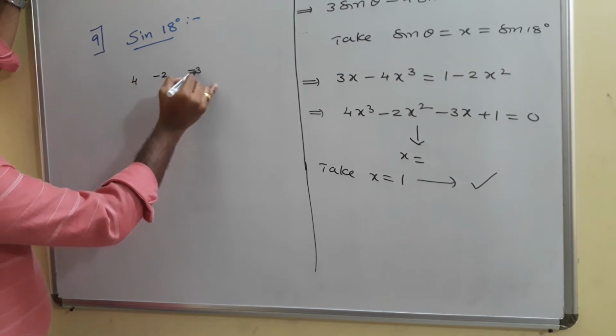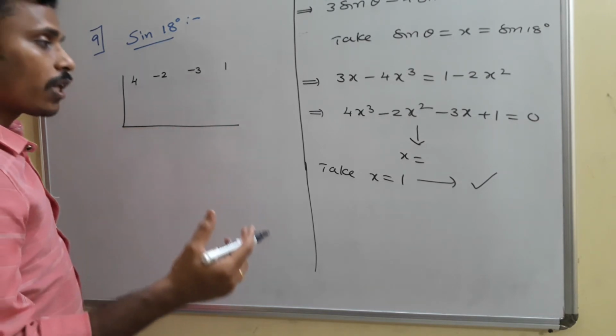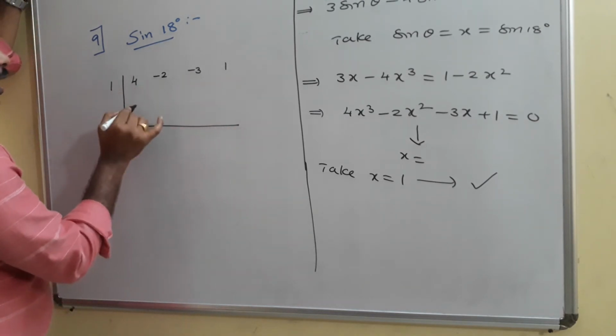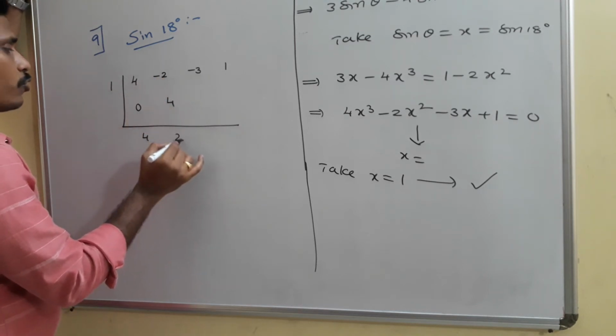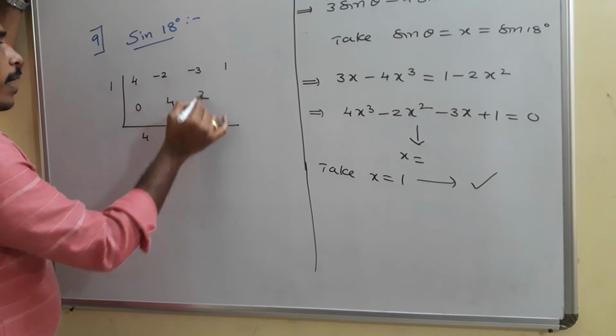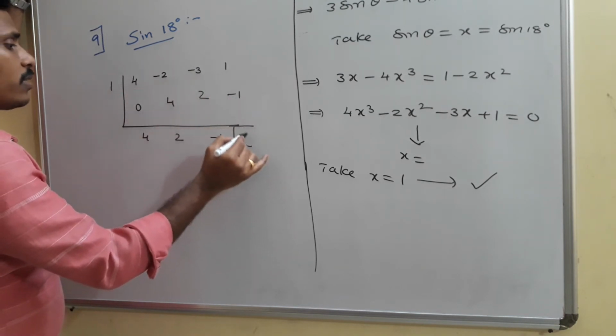4, minus 2, minus 3, 1. If you are not comfortable with synthetic division, you may go with normal division also. This is 1, right? 0, 4. 4 into 1 is 4. 4 minus 2 is 2. 2 into 1 is 2. Minus 3 plus 2 is minus 1. Minus 1 into 1 is minus 1. And this is 0.